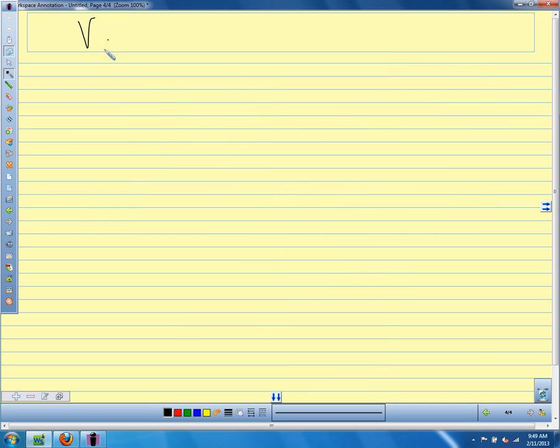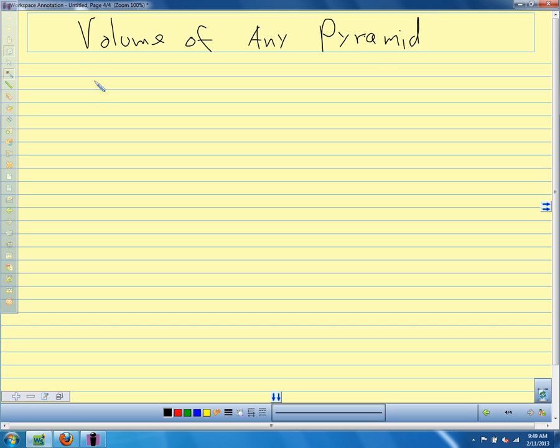All right, our volume formula now. This volume formula is for any pyramid. Anybody want to guess how the volume of a pyramid compares to the volume of a prism?